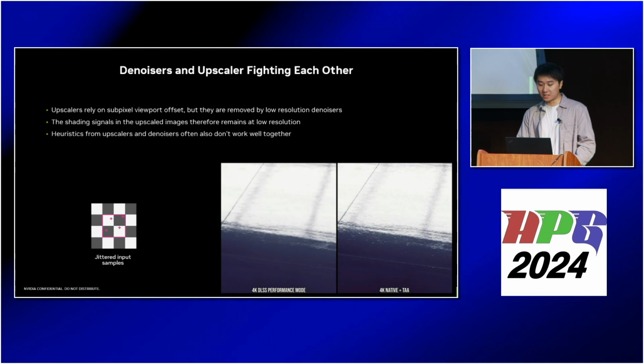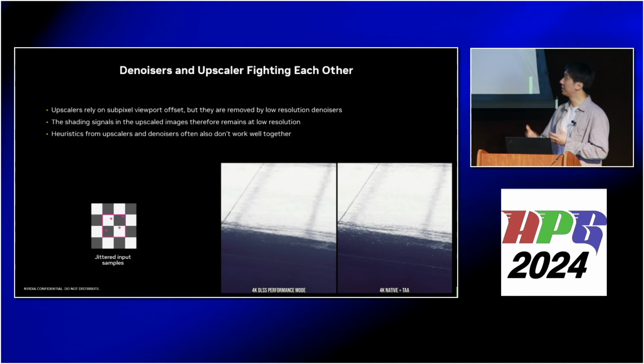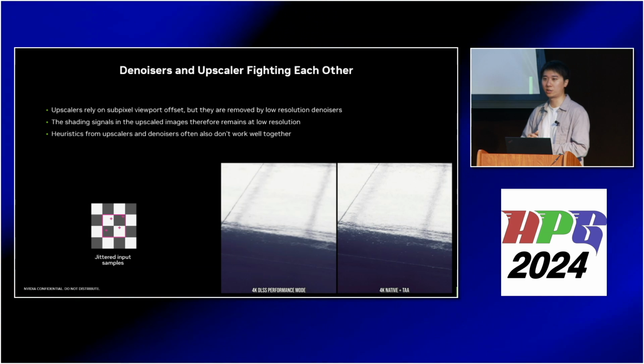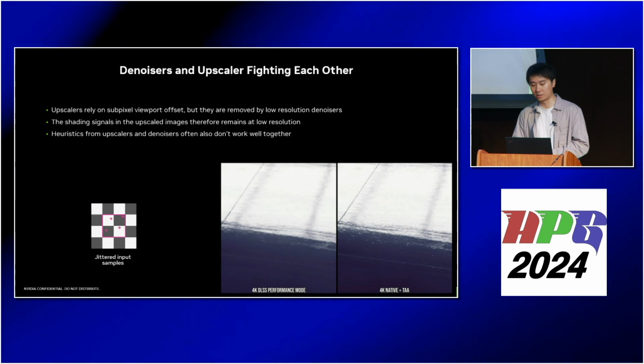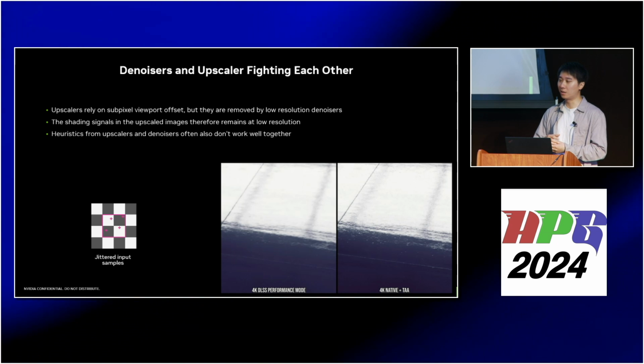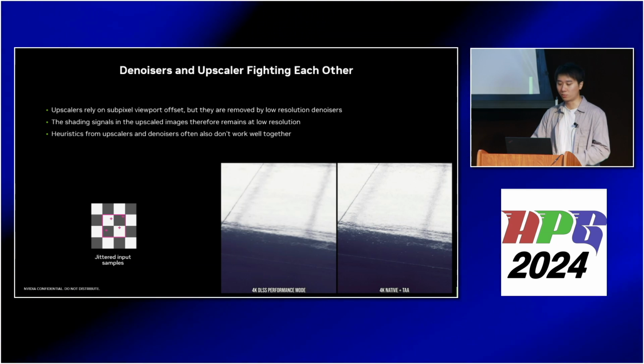So other than these, the heuristics from denoisers, like I said, are also, similarly to upscalers, temporal spatial filters. The heuristic used in the denoiser can often fight with the upscalers.